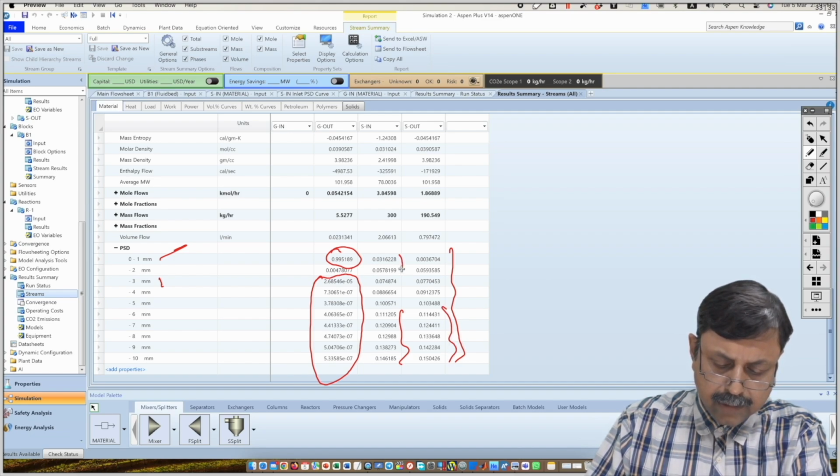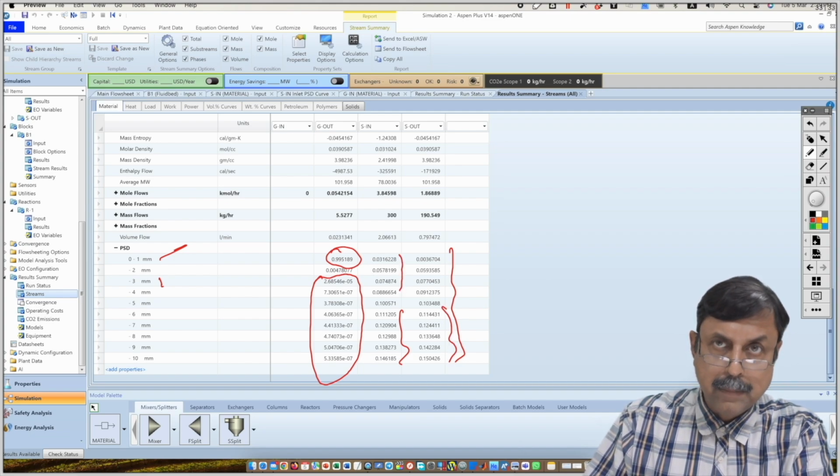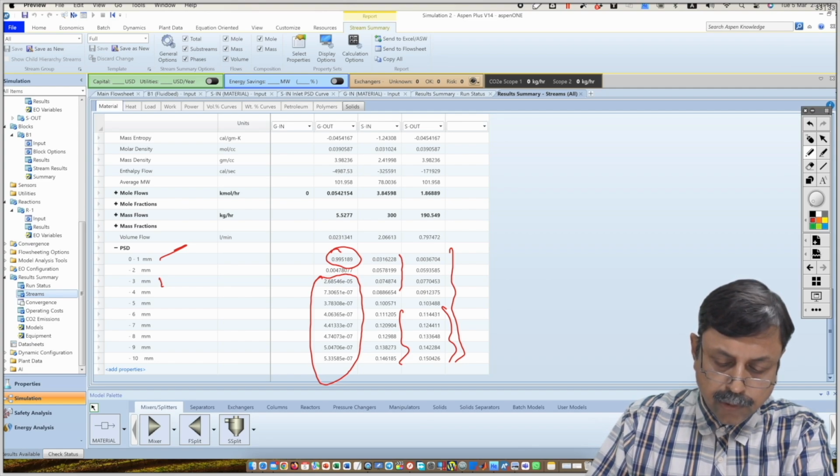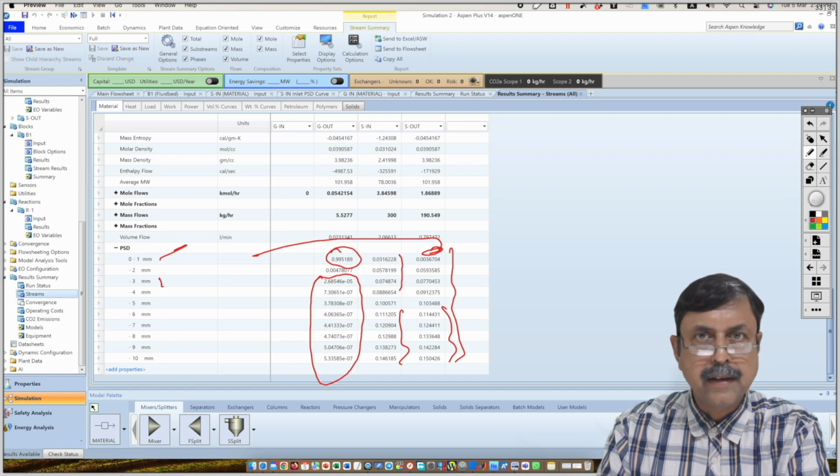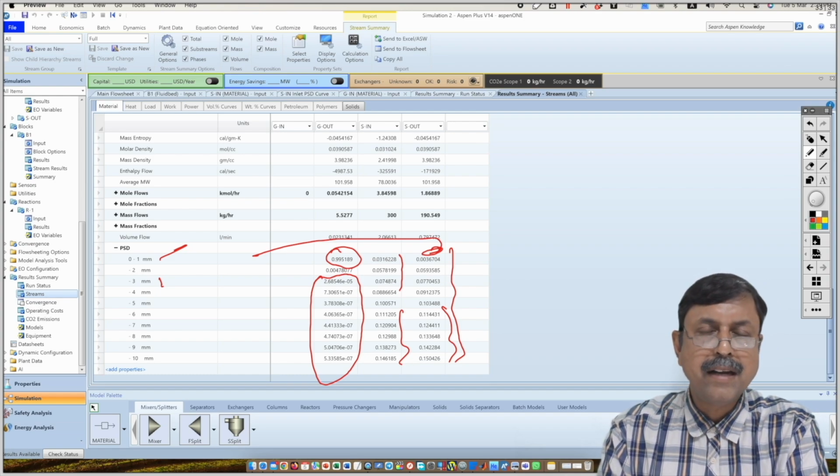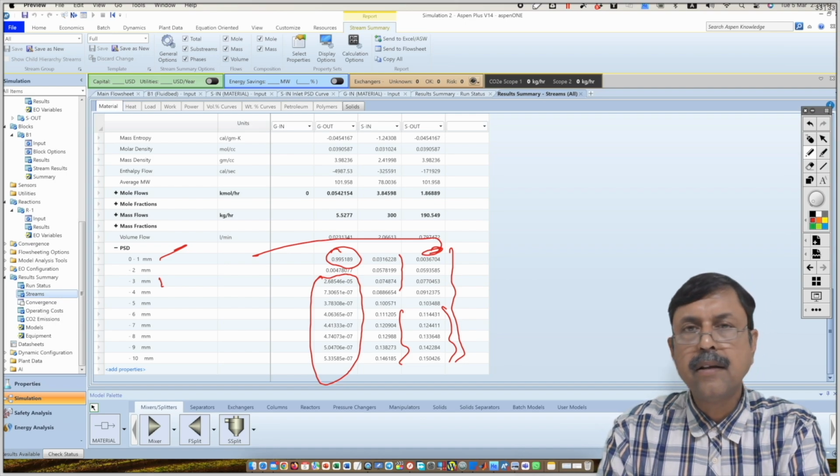For the lower size particles, obviously it will be a bit different because most of the lower size particles have been flown away in the gas phase. So there will be a slight difference between the particle size distribution of inlet solid and outlet solid.